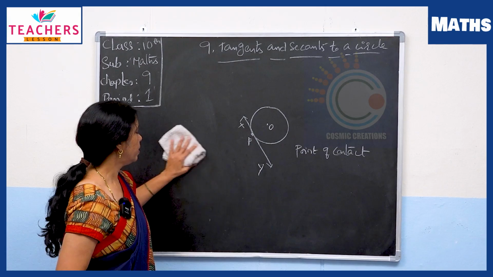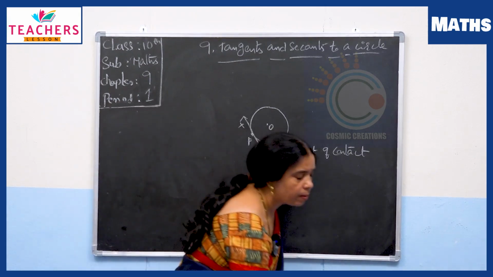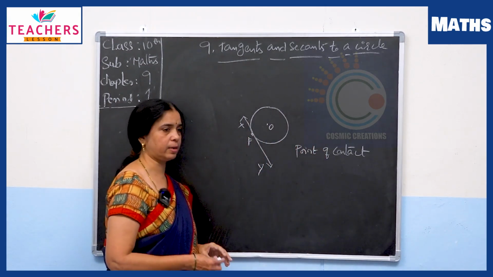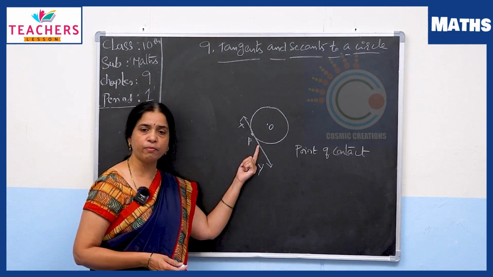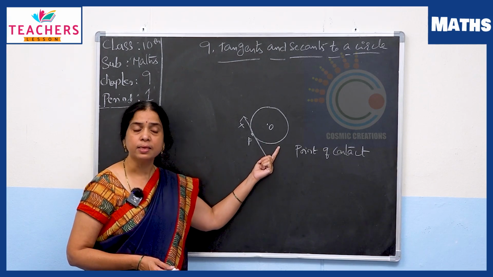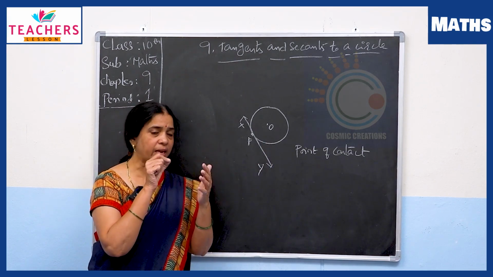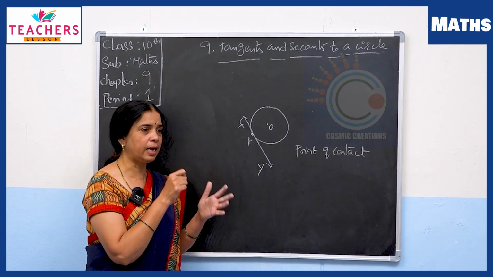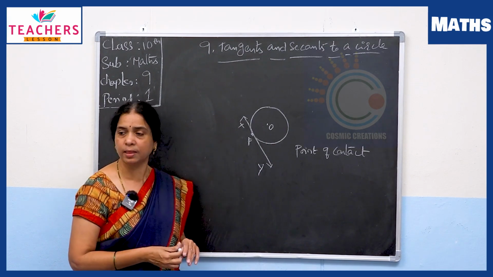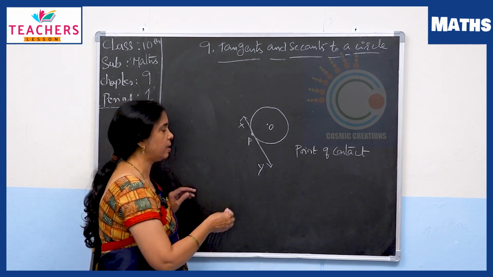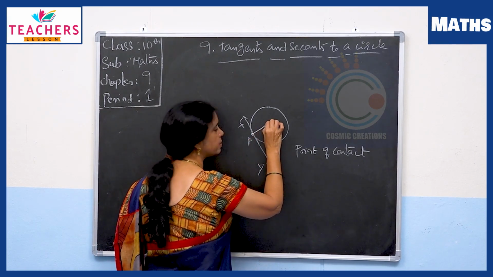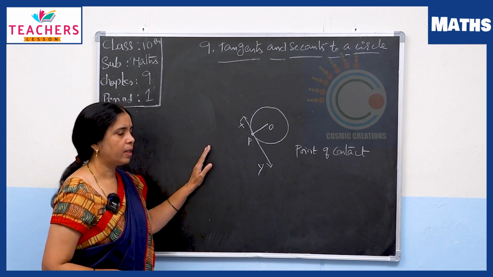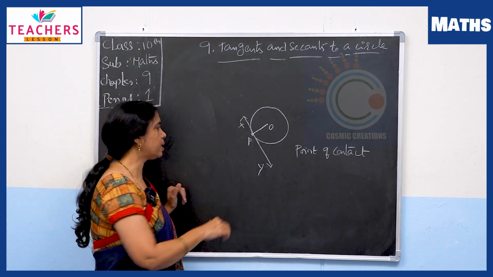Here we call this the point of contact. Point of contact means the common point of the tangent and the circle, where the tangent touches the circle. Now, if you draw a radius, OP is the radius.